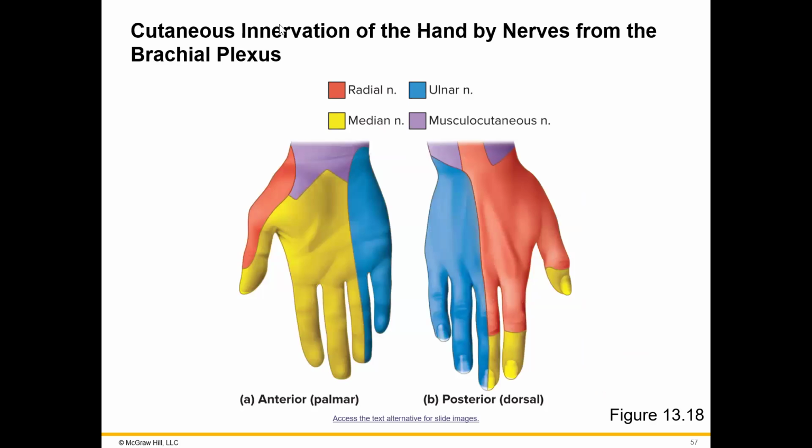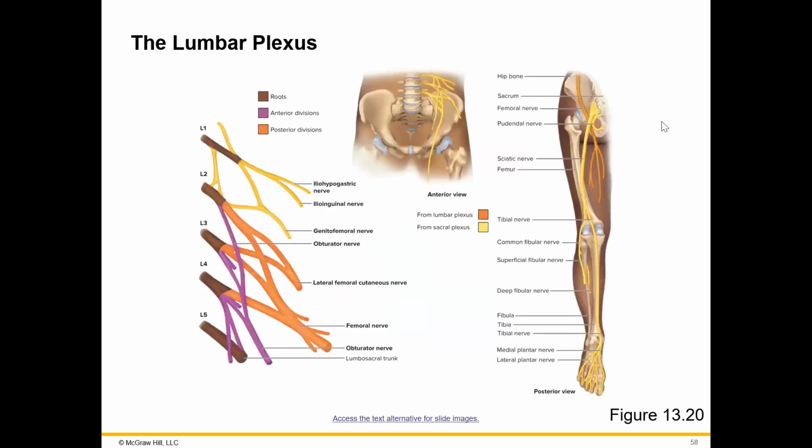This shows the cutaneous innervation of the hand by nerves from the brachial plexus: that's your median nerve, that's your radial nerve, that's the ulnar, and that's the musculocutaneous nerve. And that is your lumbar plexus. It shows the lumbar plexus extends from L1 to L5.